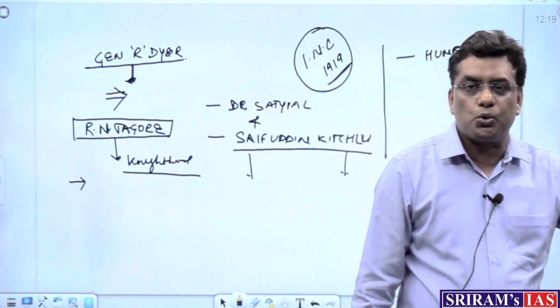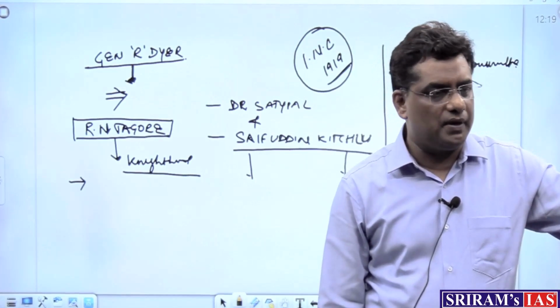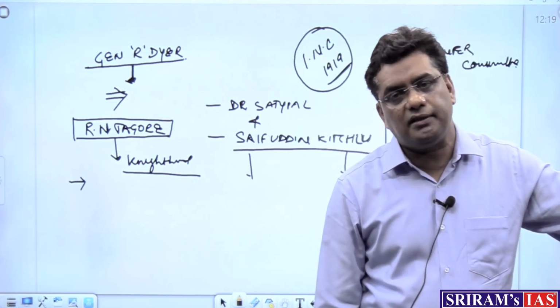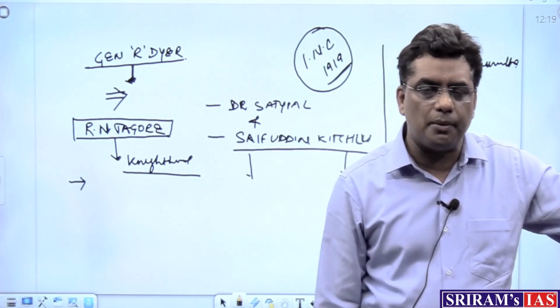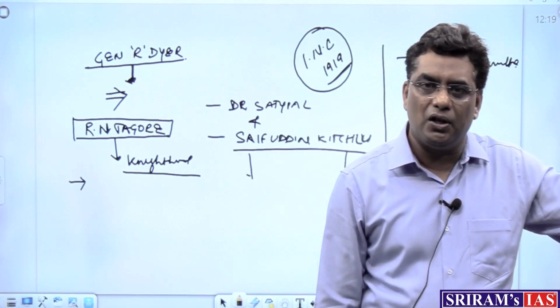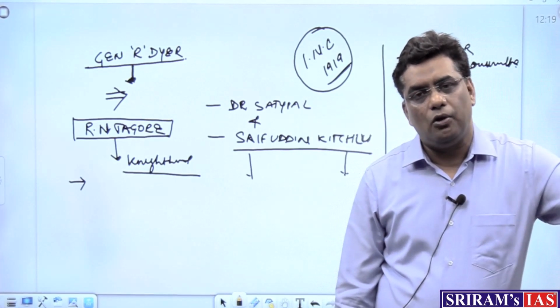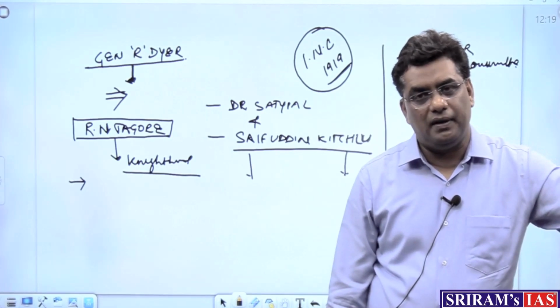and in England he received a heroic reception. You'll be surprised to know that the House of Commons, the lower house of the British Parliament, passed a resolution praising General Dyer's act as bravery. The newspaper coverage was equally provocative.